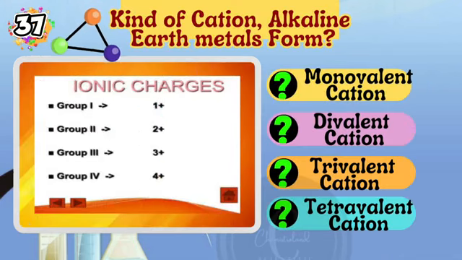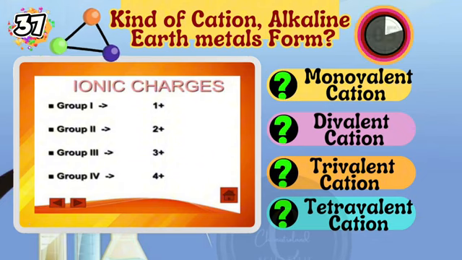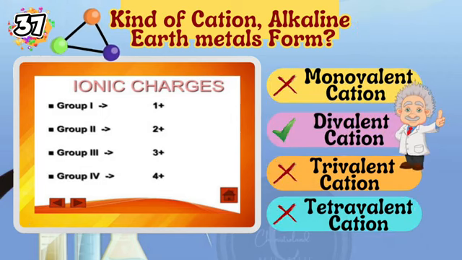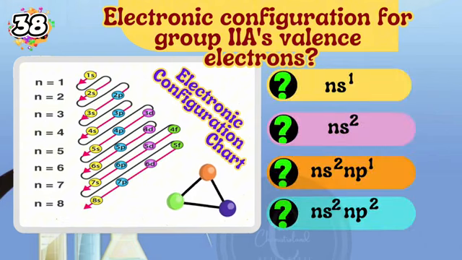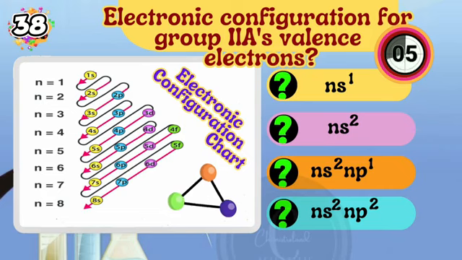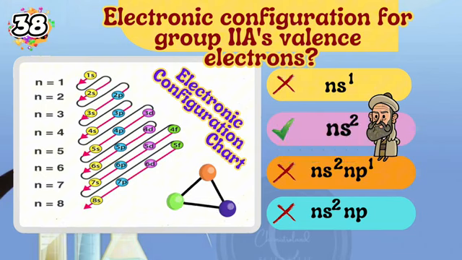What kind of cation alkaline earth metals form? The right answer is divalent cation. Do you know the electronic configuration for group 2A's valence electrons? It is Ns2.